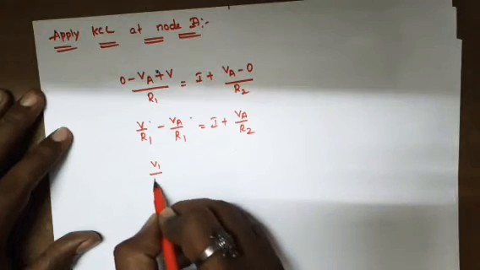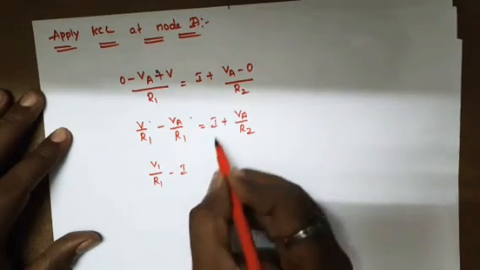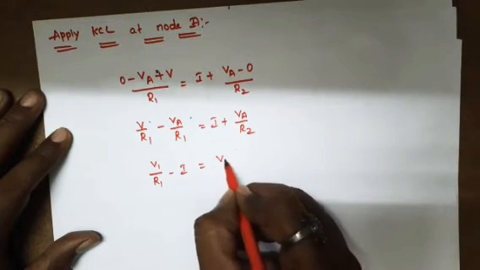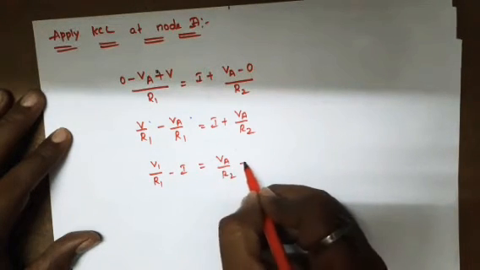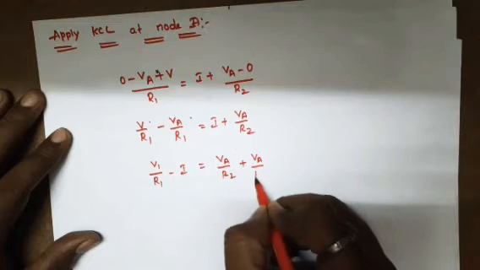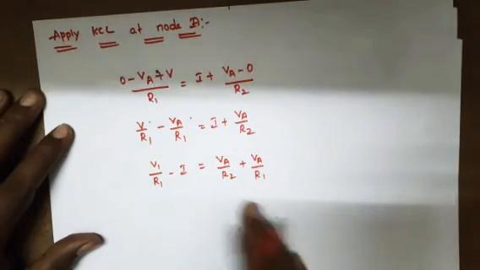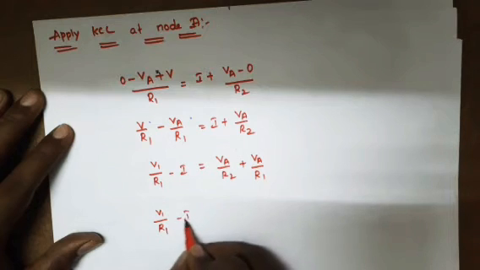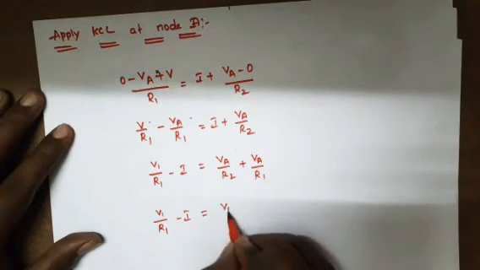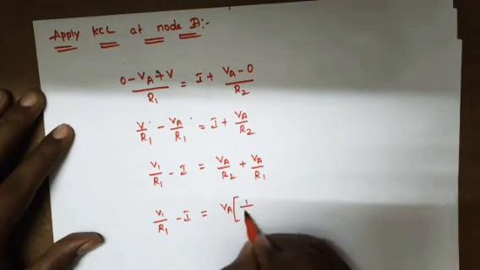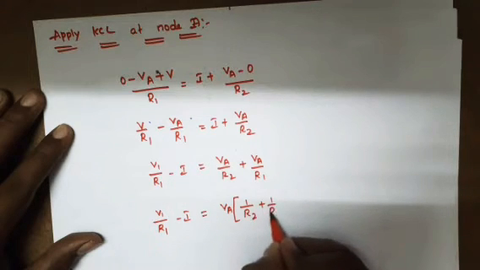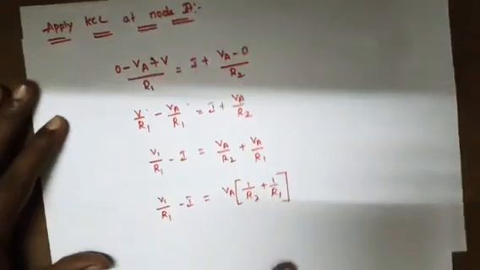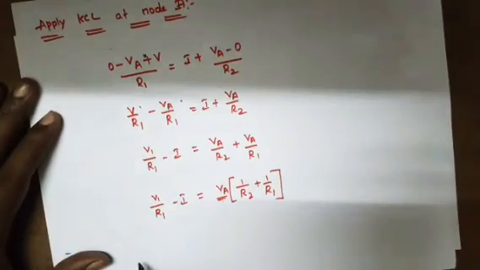So V1 by R1 minus I, we can bring the I to this side. Then VA by R2 plus VA by R1. So V1 by R1 minus I is equal to, taking VA common, 1 by R2 plus 1 by R1. Is it clear?